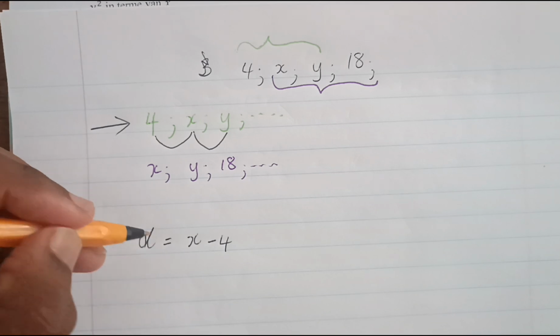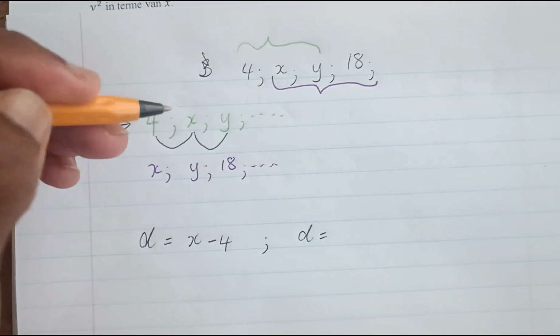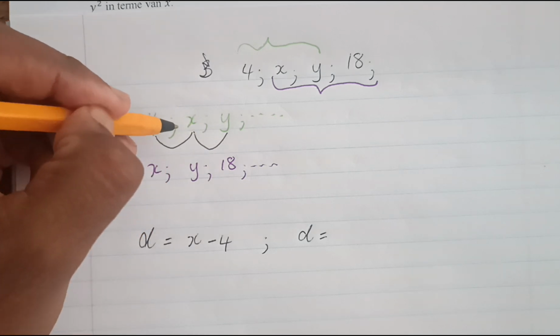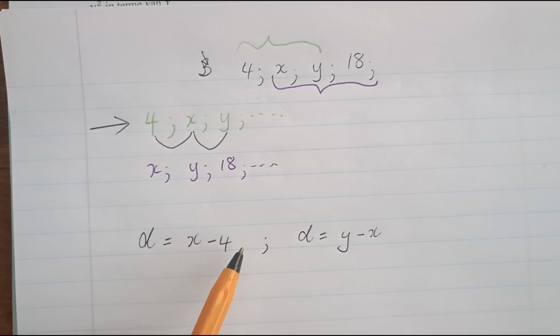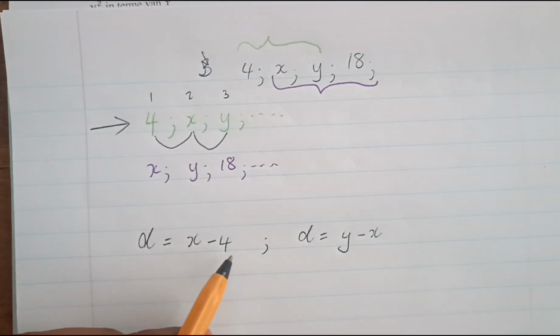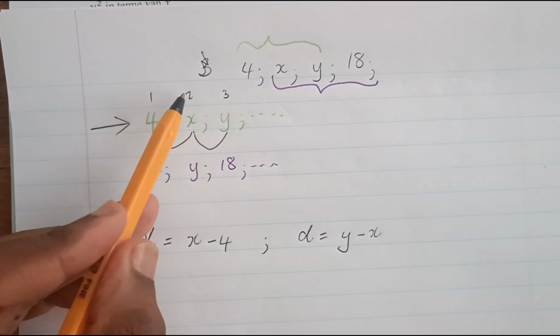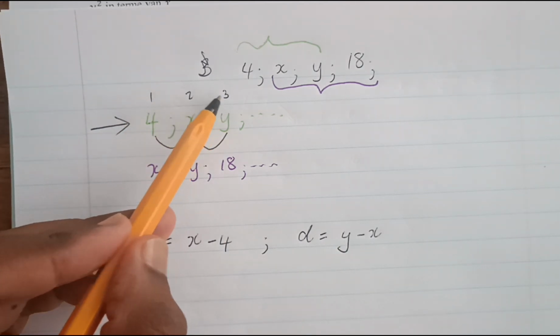And then we're going to do the same thing again. We're going to say y, so also difference, y minus x. Right, so this is term 1, term 2, term 3. This is the difference between 1 and 2. This is the difference between 2 and 3.